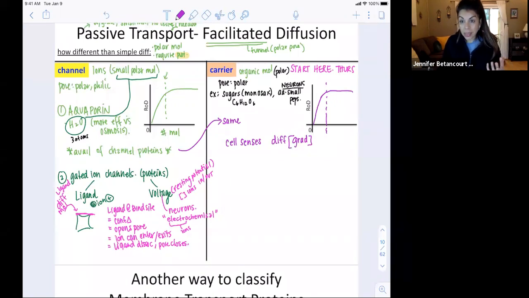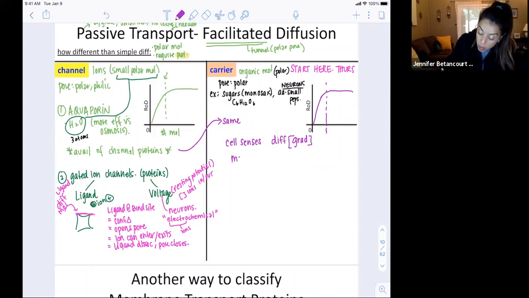And when it senses that, the molecule itself, that the concentration is off, for example, glucose. So if the concentration of glucose is off, glucose itself will bind to the carrier protein, inducing the conformational change. It opens the pore and the glucose can enter.